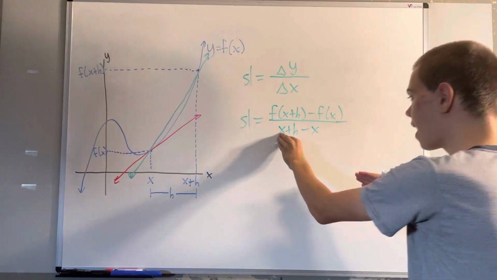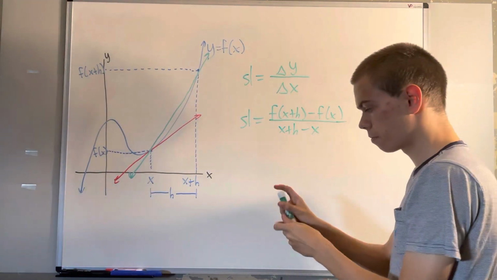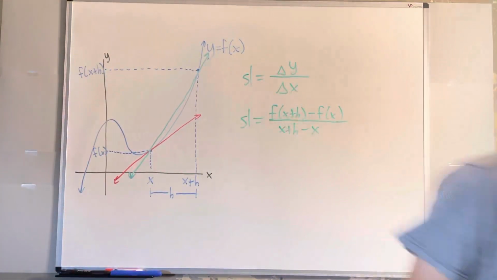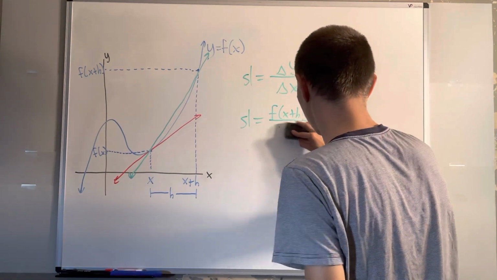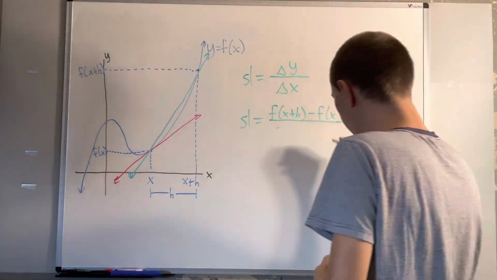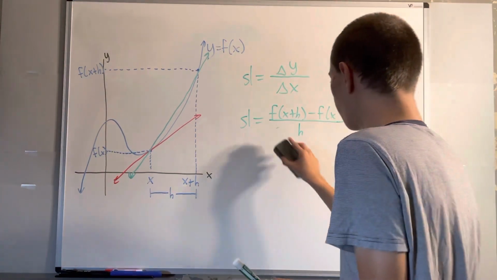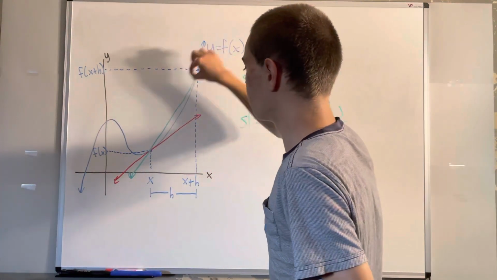And notice how x minus x is 0, and we're left with h. So I'm just going to rewrite that as h. So this right here would be the slope of this green line that goes through these 2 points.